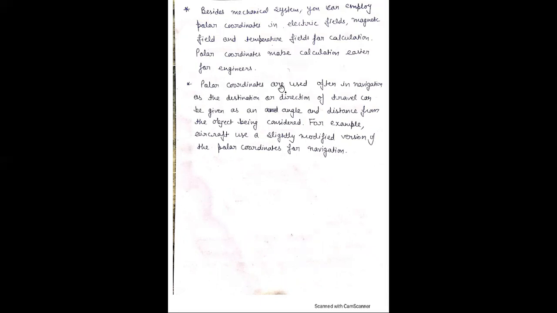Also, polar coordinates are used in navigation, as the destination or direction of travel can be given as an angle and distance from the object being considered. For example, aircraft use a slightly modified version of the polar coordinates for navigation. Therefore, these are the applications of polar coordinates.